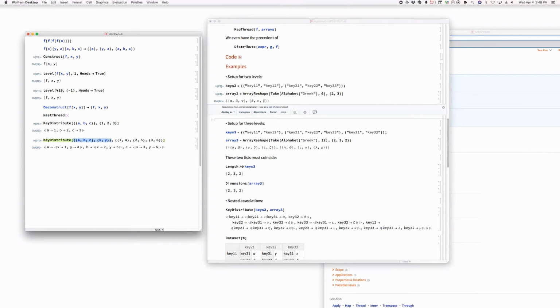It's saying that at level 1, it's got 3 things which are going to be labeled like that. At level 2, it's got those things, right? And so that's what key distribute is doing. So what is your nest thread doing? Yes, so now copy that input, change the name to nest thread, and now write F before as first argument and G as last argument.